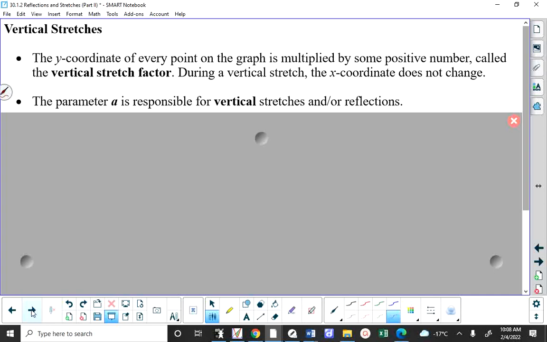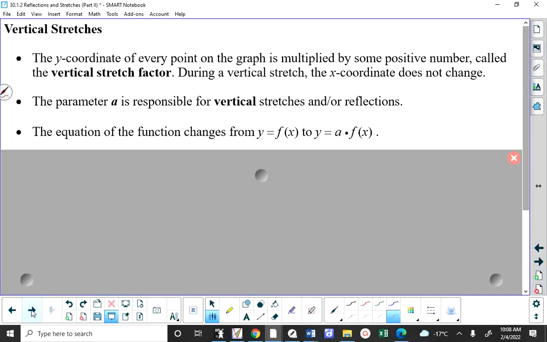So I'm connecting what we learned yesterday, which is on the left-hand screen here for you, where if you have a negative in front of the function, there's a vertical reflection. I'm marrying that with the concept of A being a stretch factor, because if A is negative 12, then you have a negative in front and it's reflected vertically. But the A including a 12 means it's stretched vertically as well by a factor of 12.